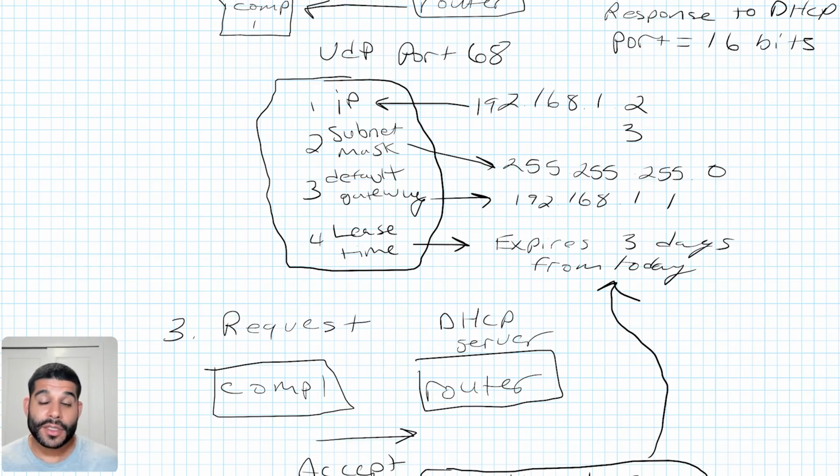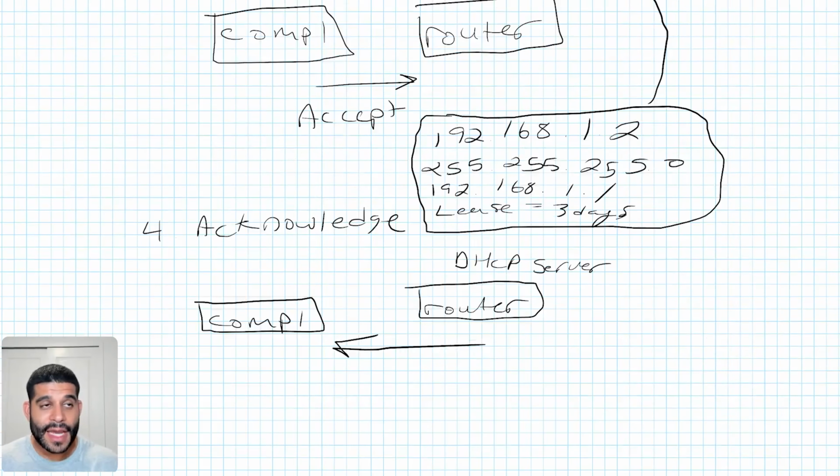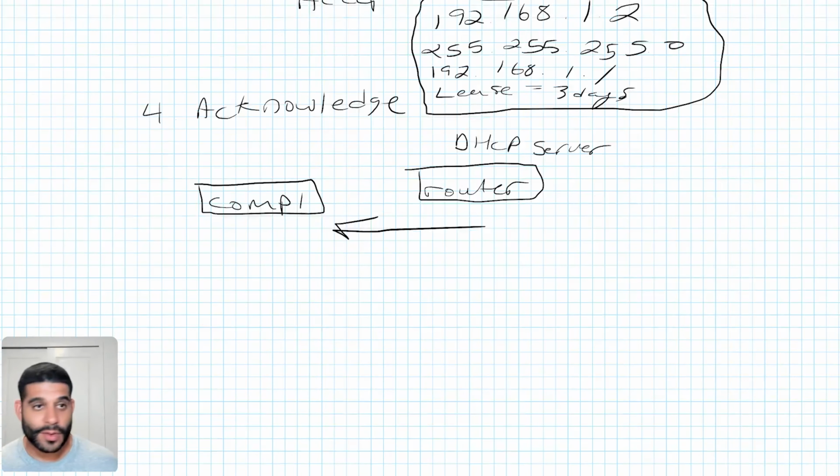So we basically chose one of the messages, and now that we sent that message saying we're going to accept the offer from the DHCP server, this comes down to the 4th stage, which is the acknowledgement stage. The acknowledgement is when the DHCP server says, hey, I acknowledge that you decided to pick IP address 192.168.1.2. Go ahead and configure yourself now.